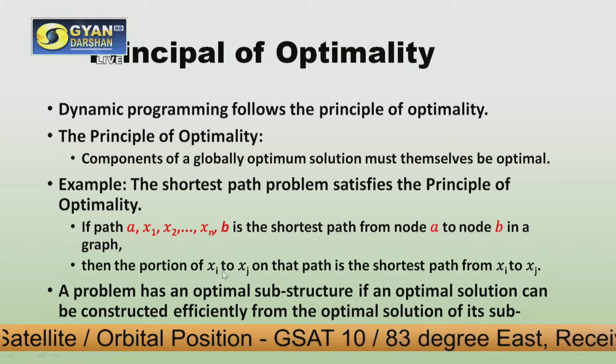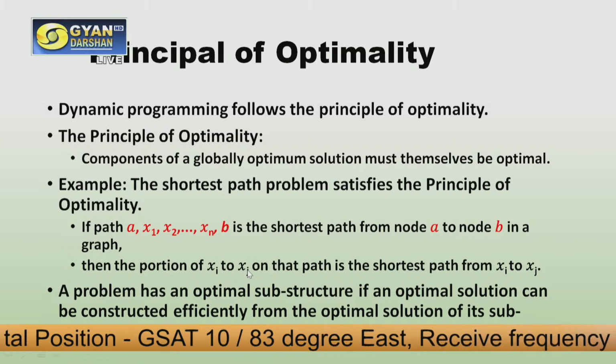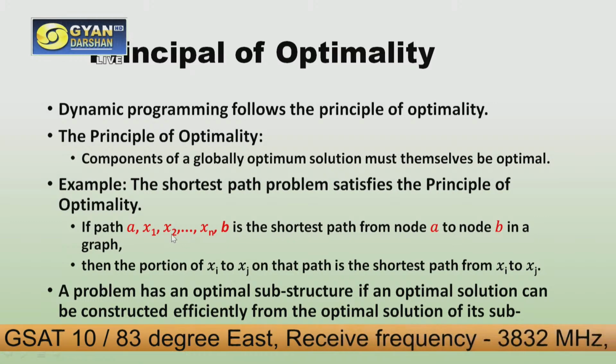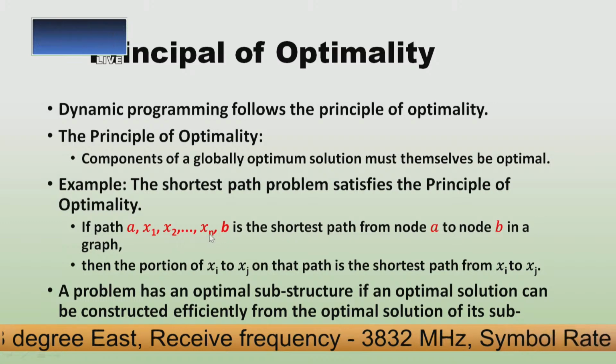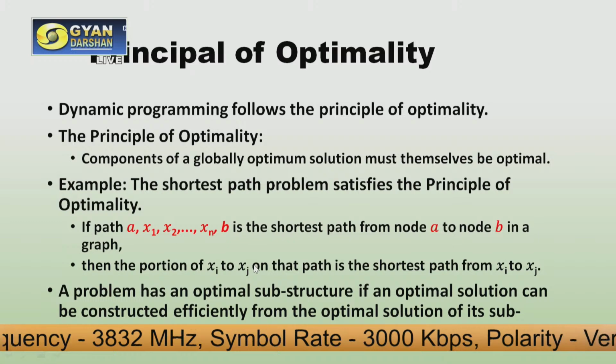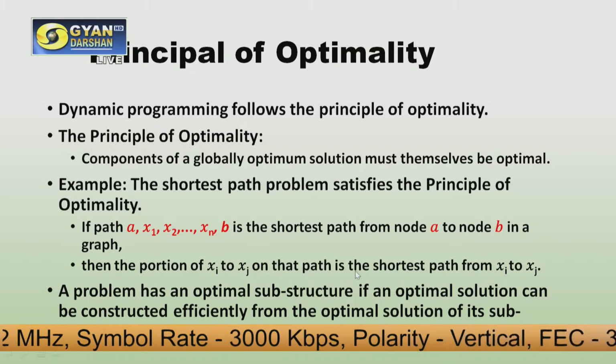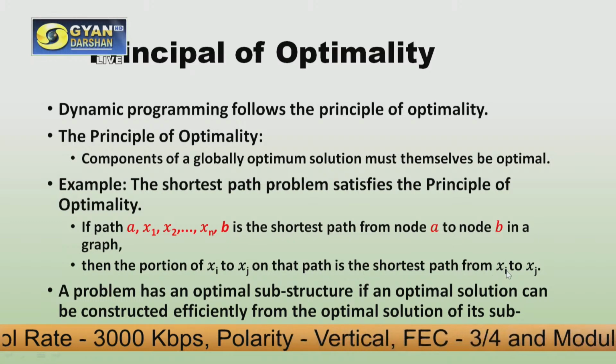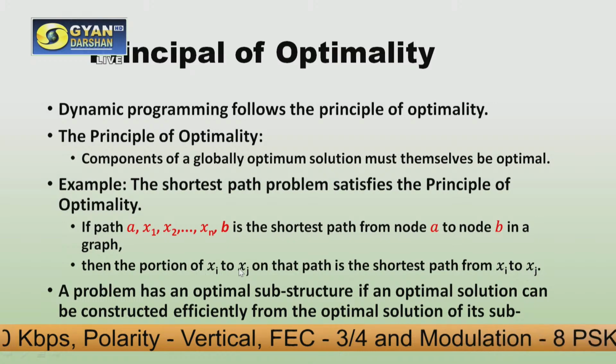Then the portion from xi to xj, right? So any xi, maybe x2 to xn minus 1, right? Xi to xj, that is any subpath of that path is the shortest path for xi to xj. So select any of the subpaths and that should be optimal.